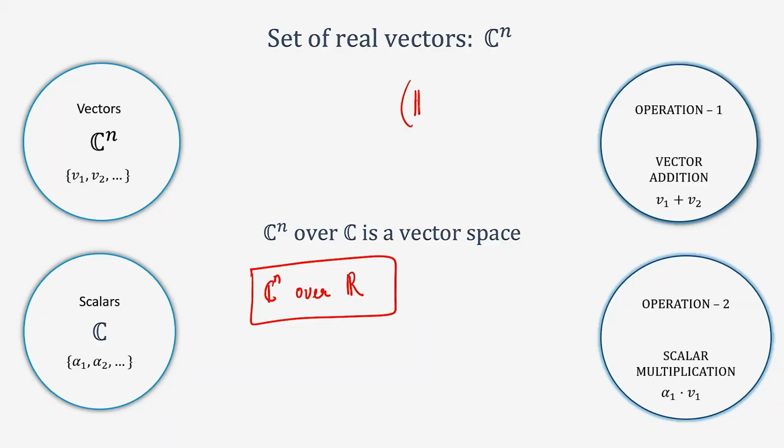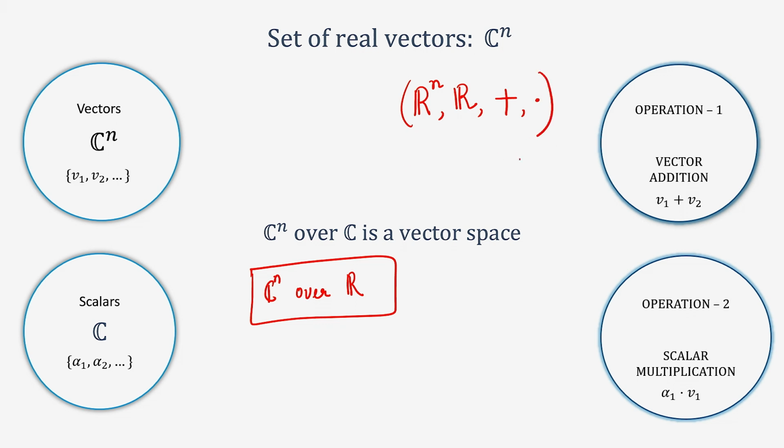Okay. So, this is what a vector space is all about. Basically, a vector space is nothing but a set with some scalars and these two operations that we have defined, that is vector addition and scalar multiplication. These 4 things. If I write it down, Rn is the vector space here, R is the set of scalars, and then you have vector addition, and then you have scalar multiplication.